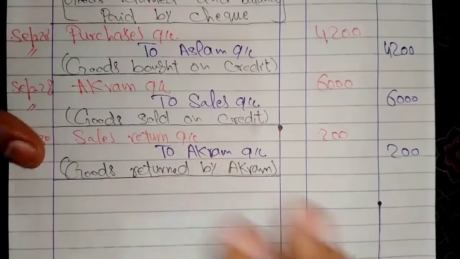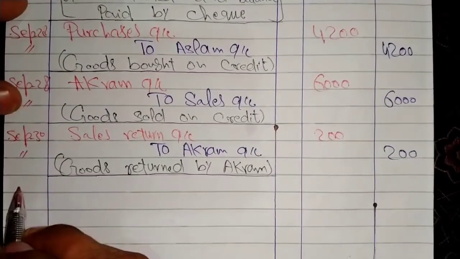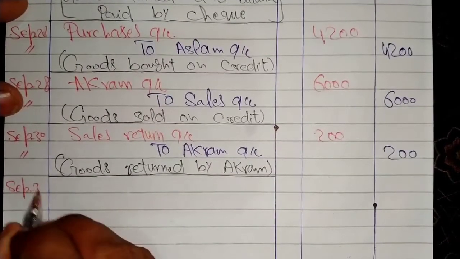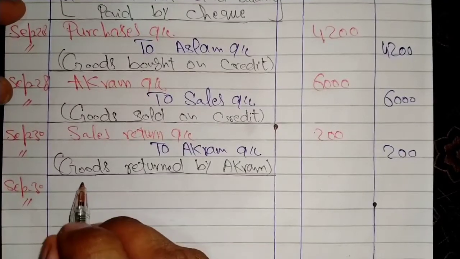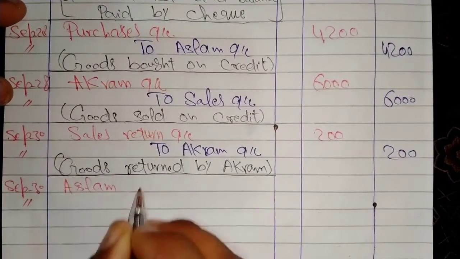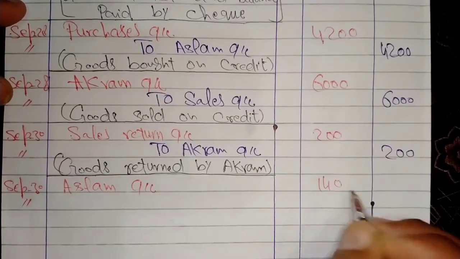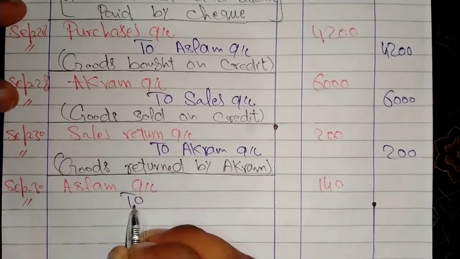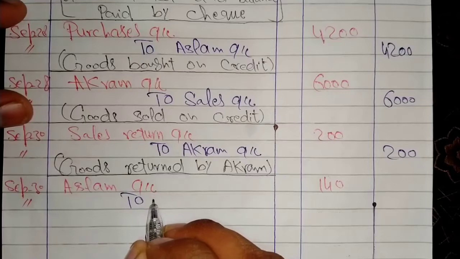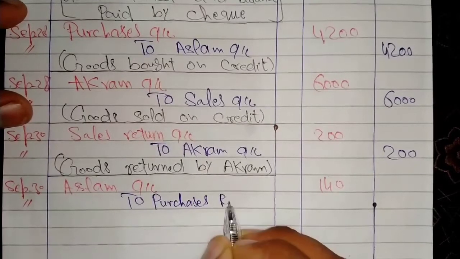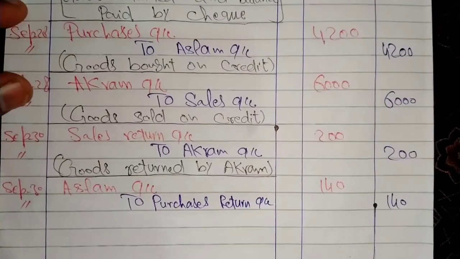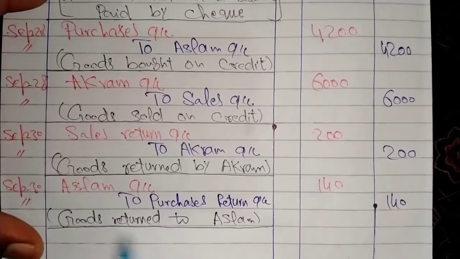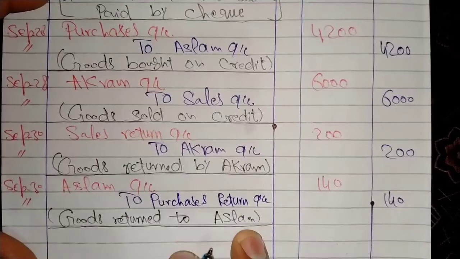The second part of this transaction is September 30th, which is the same date as above, 2005. So Aslam account debit with amount $140 to purchases returns account credit with the same amount $140, with description goods returned to Aslam by the business, which was the supplier of the business.